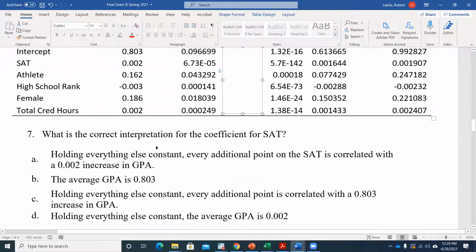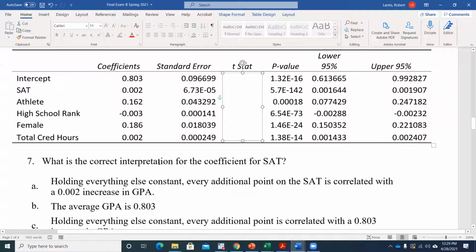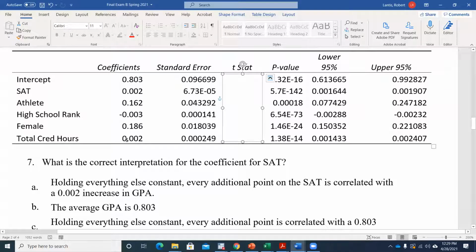So the very first question is, what is the correct interpretation for the coefficient on the SAT variable? Well, before we even look at the answers, we should be able to come up with this. I'm always surprised at how sometimes people overcomplicate this, because it's the same pattern every time. The interpretation for a slope coefficient is a 1 unit increase in that x variable causes the predicted value of y to go up or down by whatever the coefficient value is.